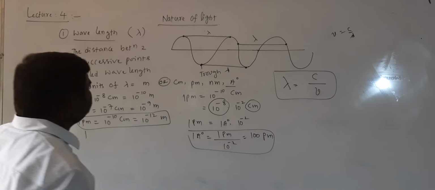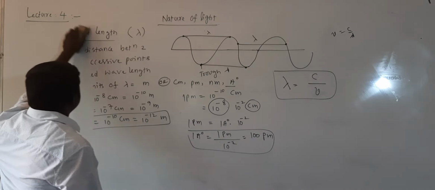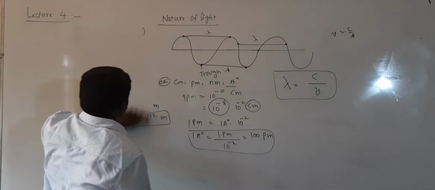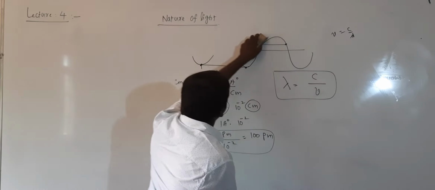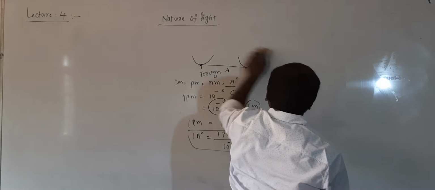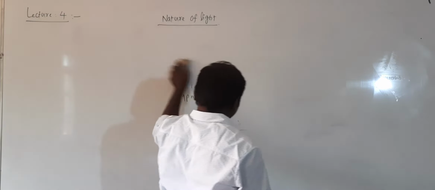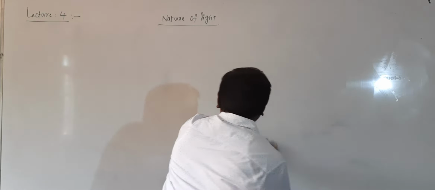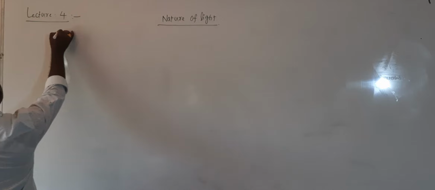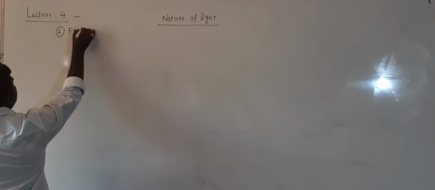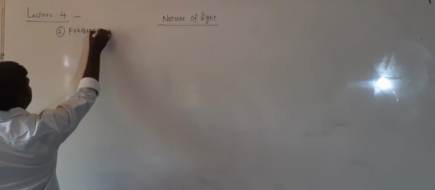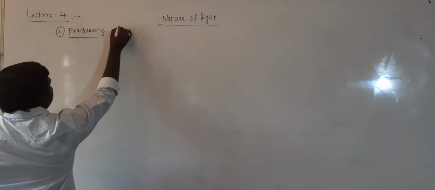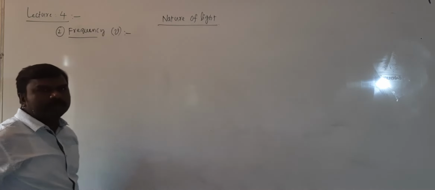Next, after this, the second term is frequency of a wave. Frequency is indicated by the letter nu.